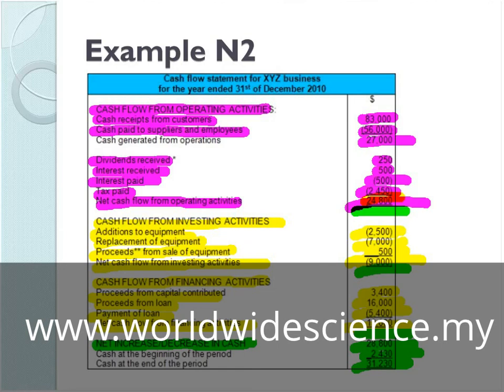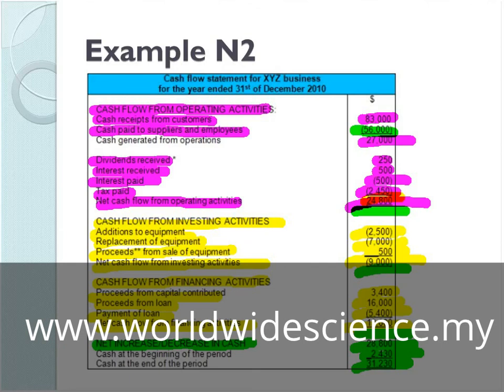Some of you are asking why we have a positive cash flow of 24,800. Okay, this is simple mathematics. 83,000 plus 56, but we have a 56,000, oh sorry, which is a negative, right?